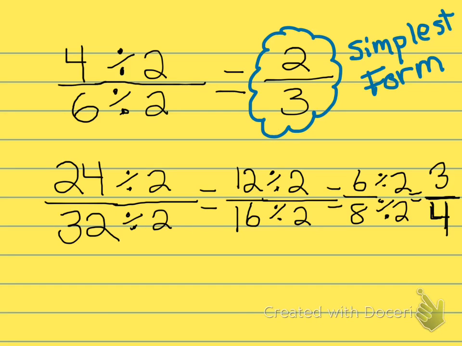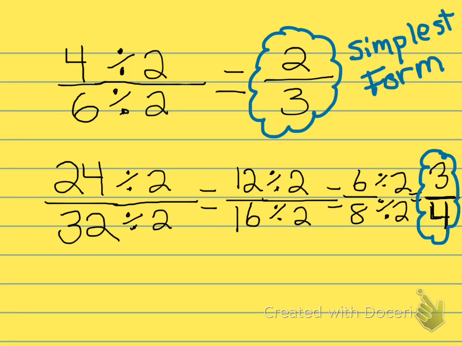I believe that's in simplest form. 3 is a prime number. The only factors are 1 and 3. And 3 is not a factor of 4. 2 times 2. They don't share a common factor other than 1. Therefore, 3/4 is in simplest form.